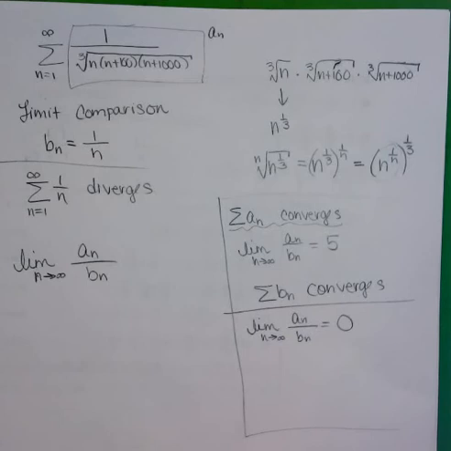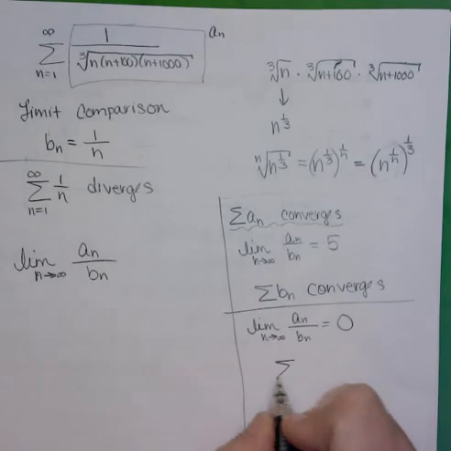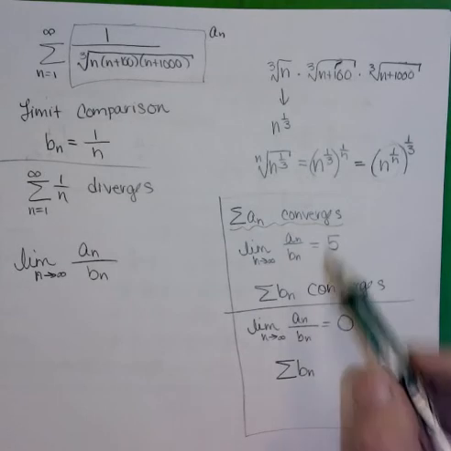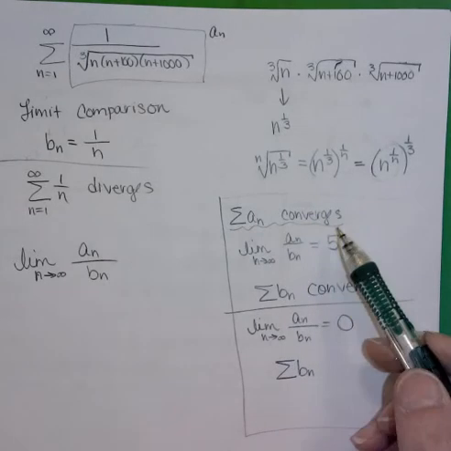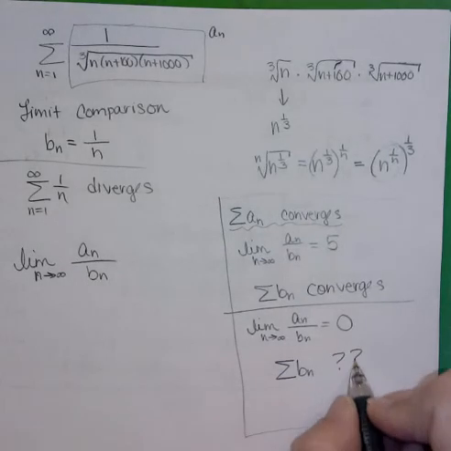B sub n, because the denominators must be getting huge compared to the numerator. So now what about b sub n? Does it converge, does it diverge, or don't we know? We don't know. It's bigger than a finite number, but it just might be some bigger finite number. But it might be infinity. So we don't know what it does.